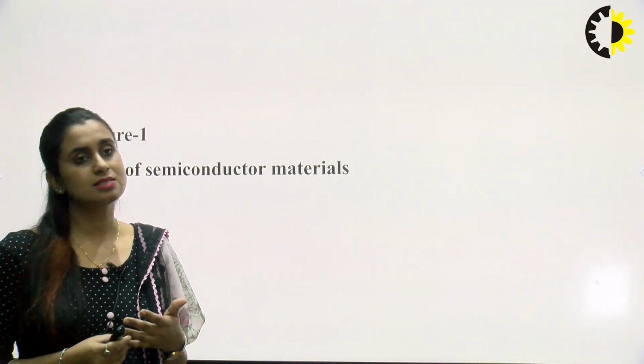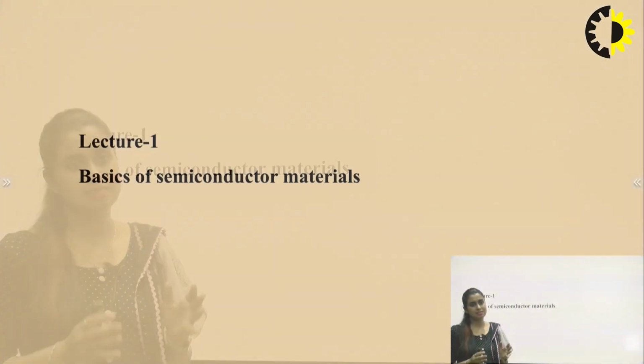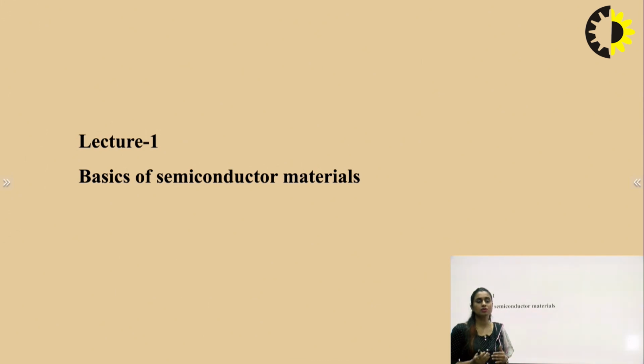And insulators are a class of elements, class of devices that do not allow current to flow through them. Then if we talk about semiconductors, they usually behave as insulators, and in particular conditions, they act as conductors. So they are semiconductors.